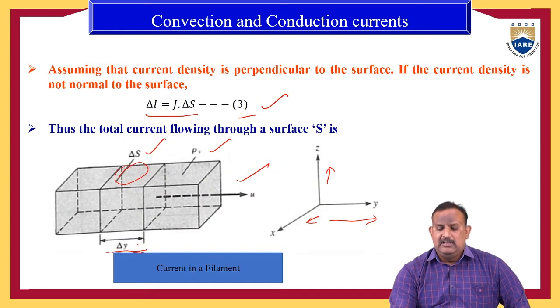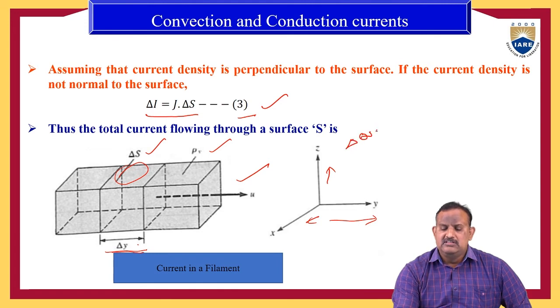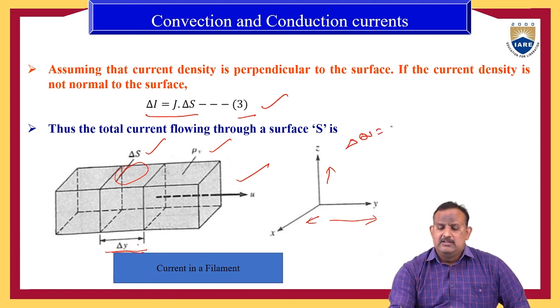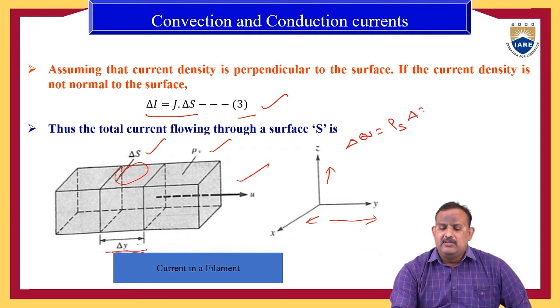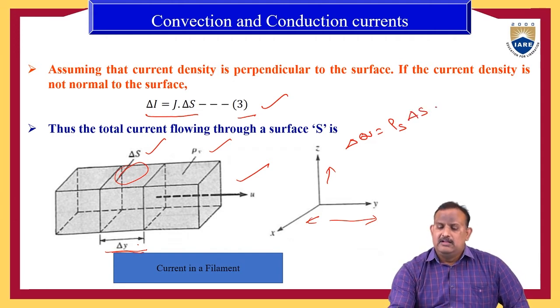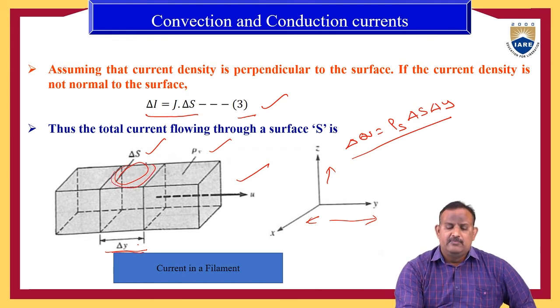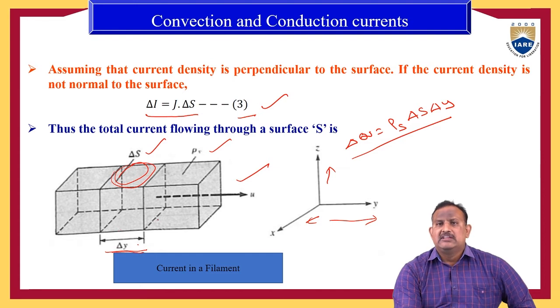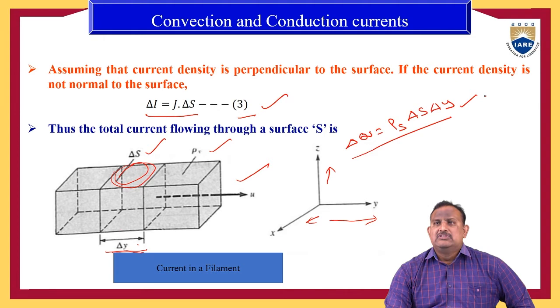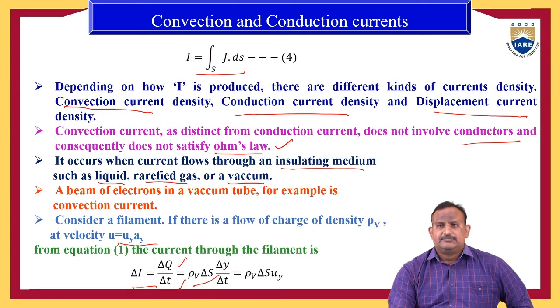To find the change in charge, we need to assume the surface area of the filament, delta S, and it flows along the y-axis. Therefore, delta Q is equal to rho V into delta S into delta y.